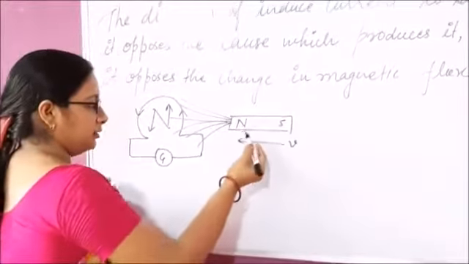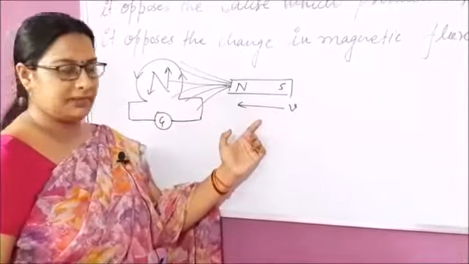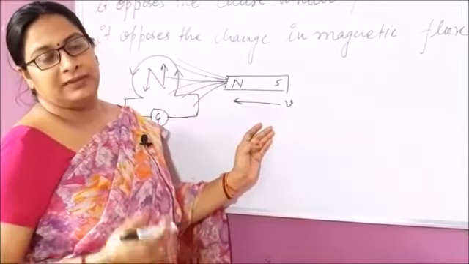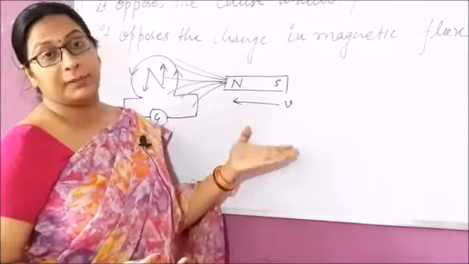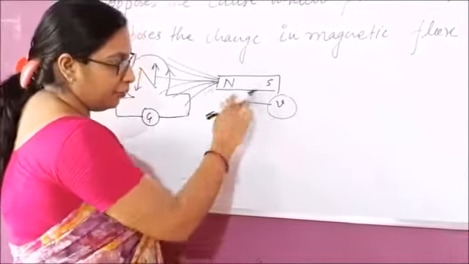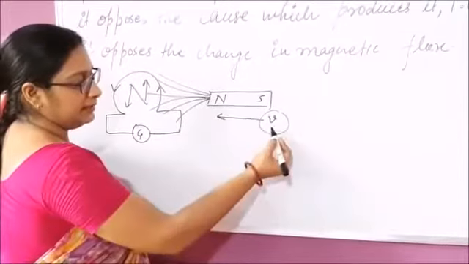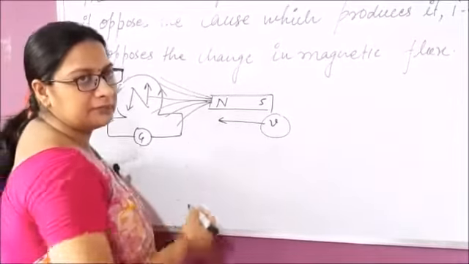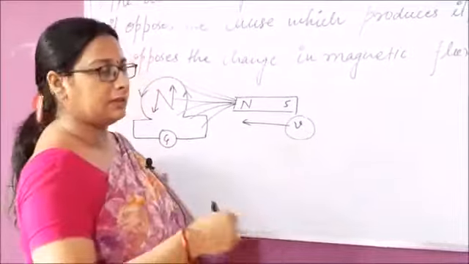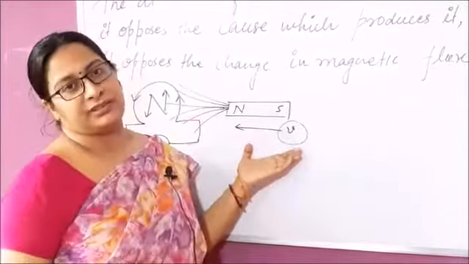So children, when the north pole is coming towards this coil, the north poles repel each other, and we have to do some work against this repulsive force. So the kinetic energy of this moving magnet will dissipate, and this expenditure of mechanical energy will convert into electrical energy.